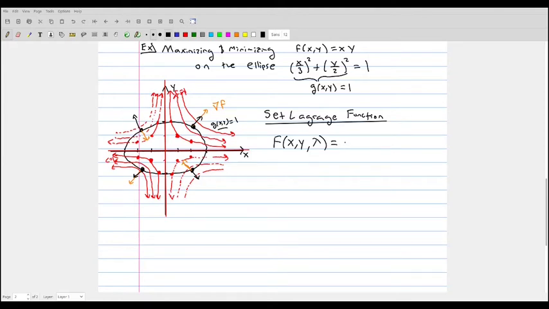This is going to be the function that we're optimizing, which is x times y minus lambda times our g function, which is (x over 3) squared plus (y over 2) squared minus c, or minus 1. So this right here is the correct Lagrange function for this problem.